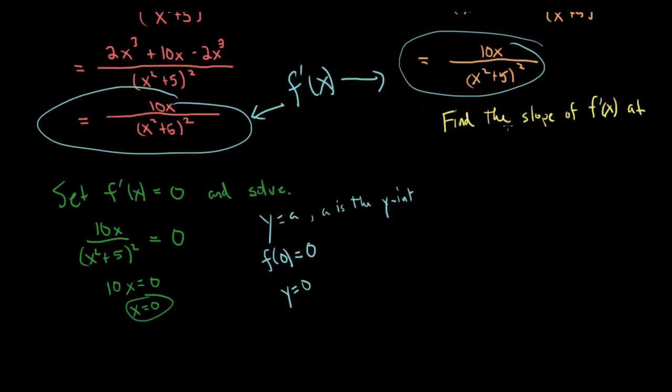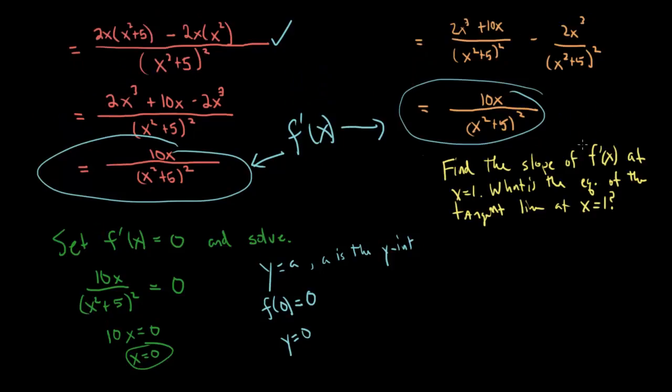Let's say at x equal 1. What is the equation of the tangent line at x equal 1? Notice how this question is different.